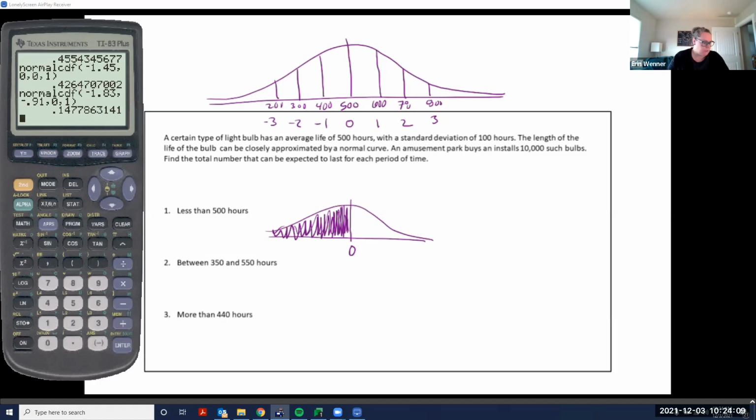So the first thing we would need to do is find the z-score. Well, we know that the z-score is 0, okay?